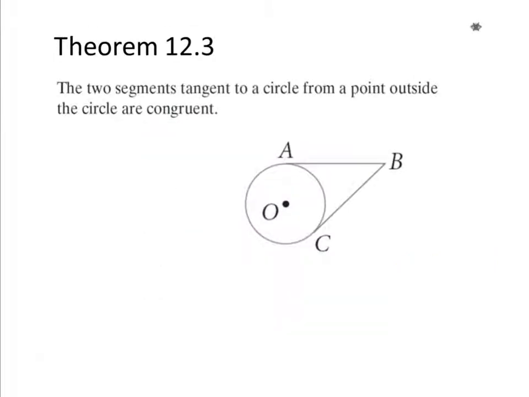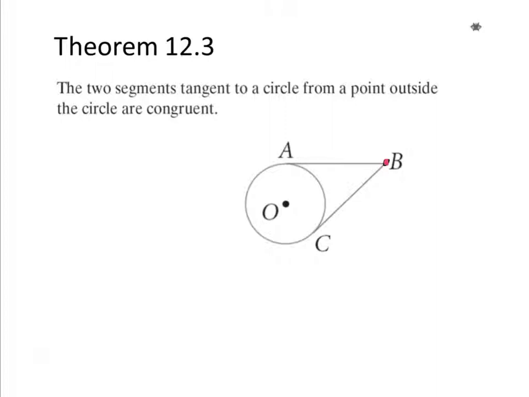The last theorem in this section states the following. If two segments are tangent to a circle from a point on the outside of the circle, then those two segments are congruent. So here's what it's stating. I have point P on the outside of the circle. AB is a tangent and BC is a tangent.